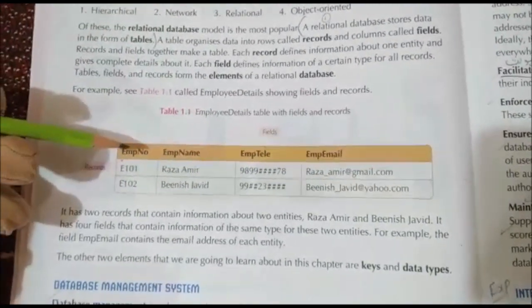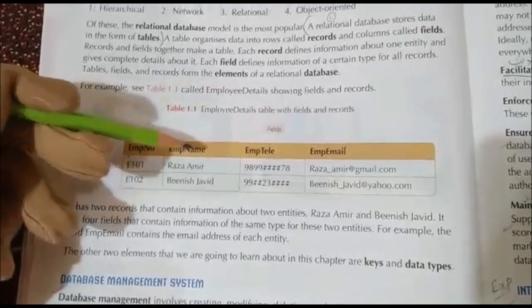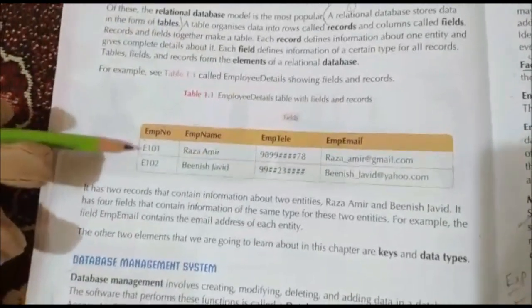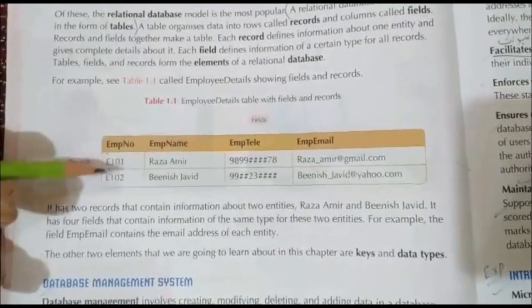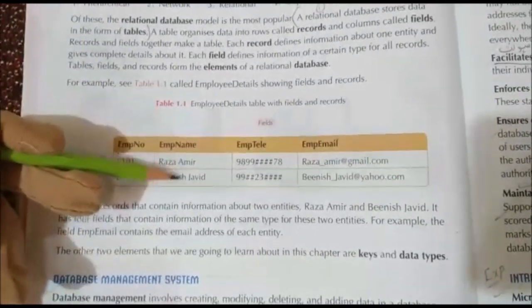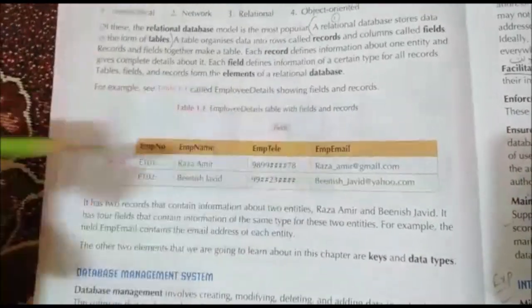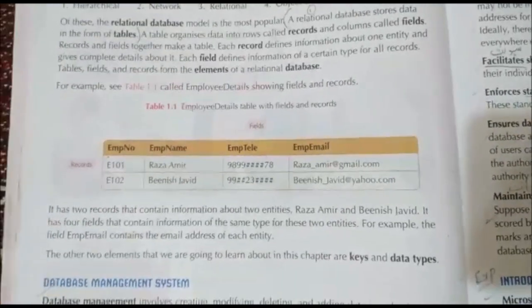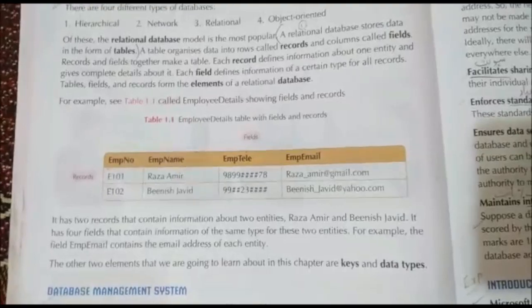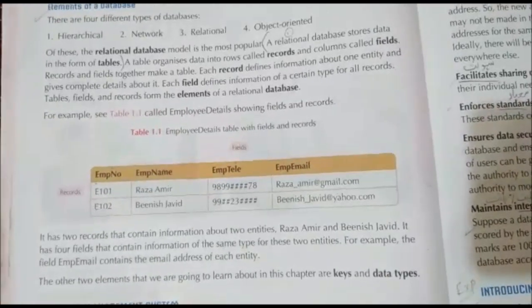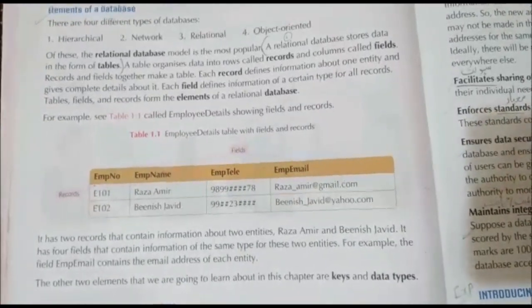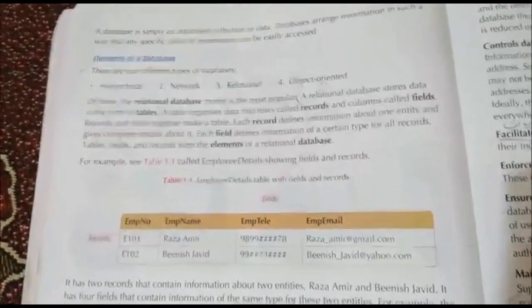You can say them fields. And these are not rows. These are known as records. Understood? These are known as records. So a relational database is used and can be made in the form of tables.